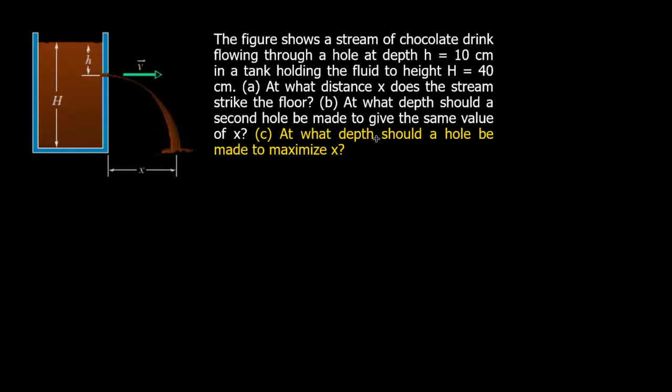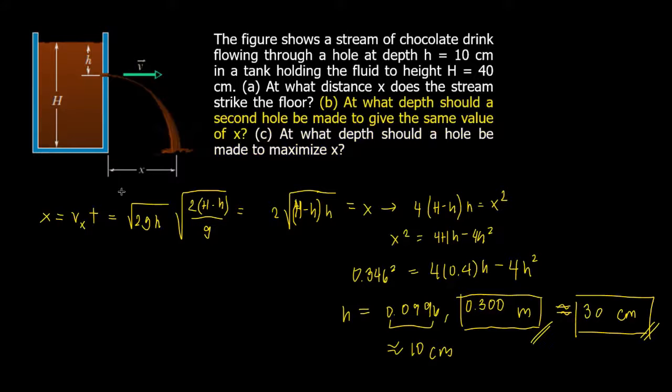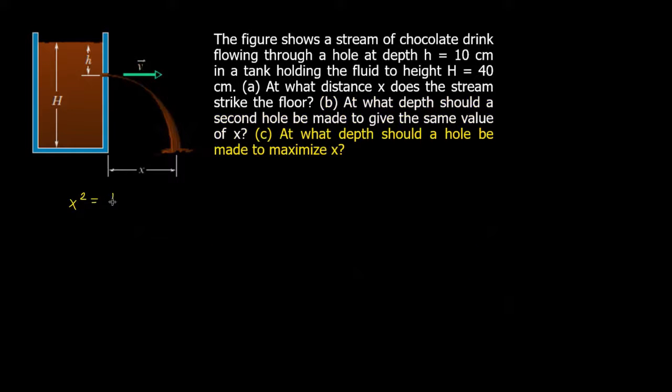And lastly, this is what I was saying earlier: at what depth should a hole be made to maximize x? So we have x squared equals, what was our expression earlier? That is 4 big H little h minus 4h squared. To maximize this, we're finding the point where the slope, dx over dh, is equal to 0.